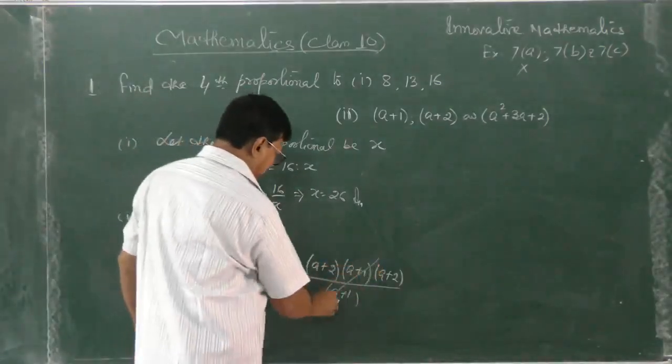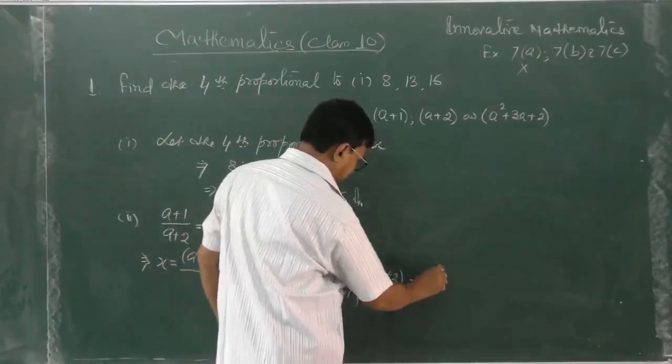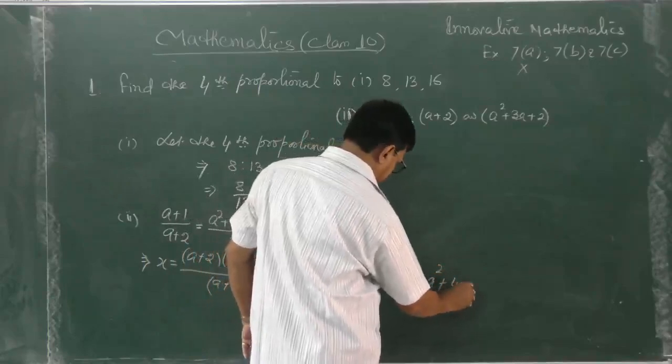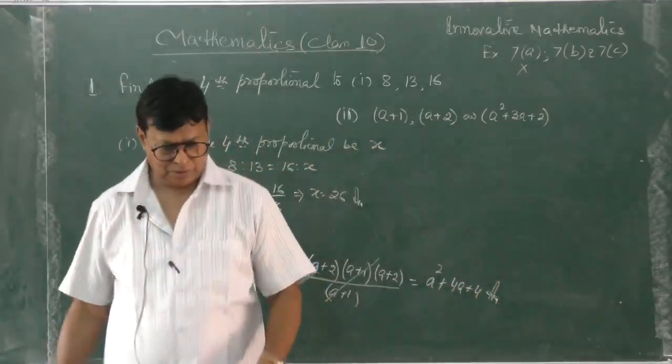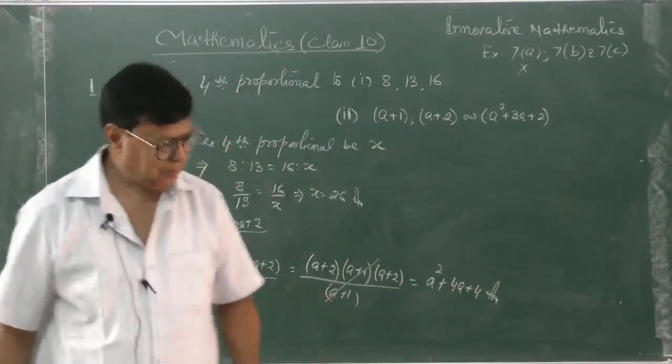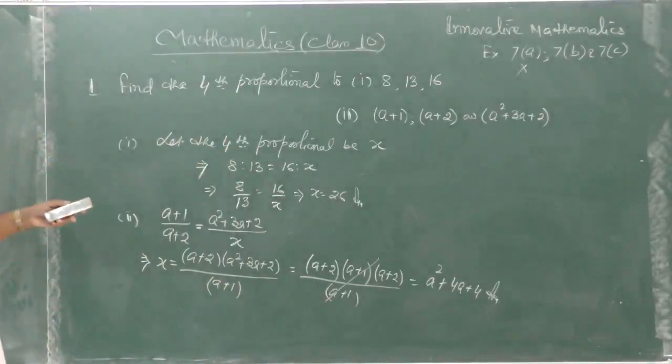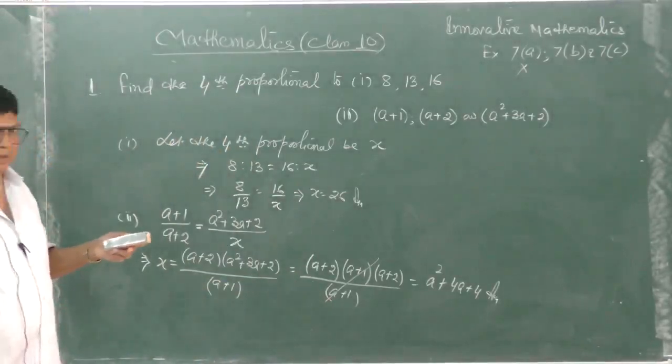So this a plus 1 cancels. So this is how we find the fourth proportion, okay? Come to the next.